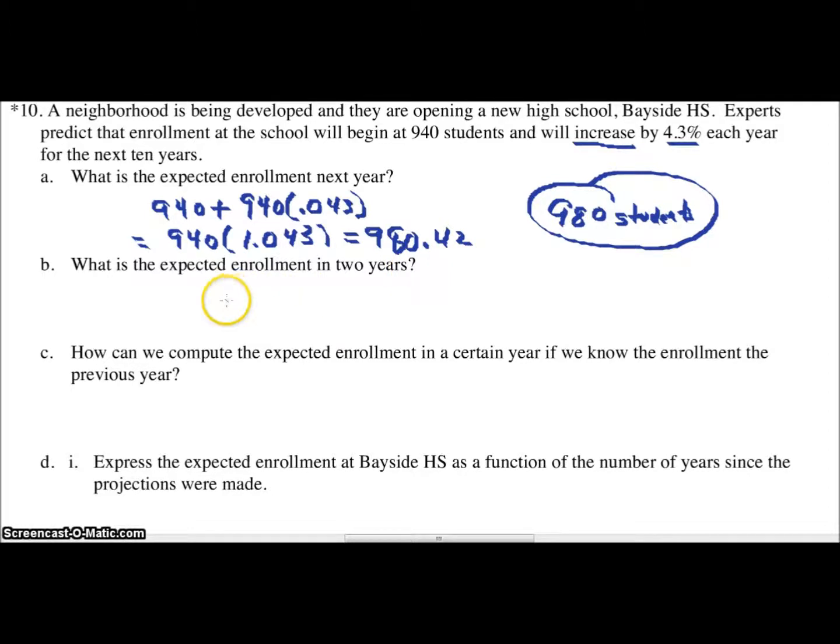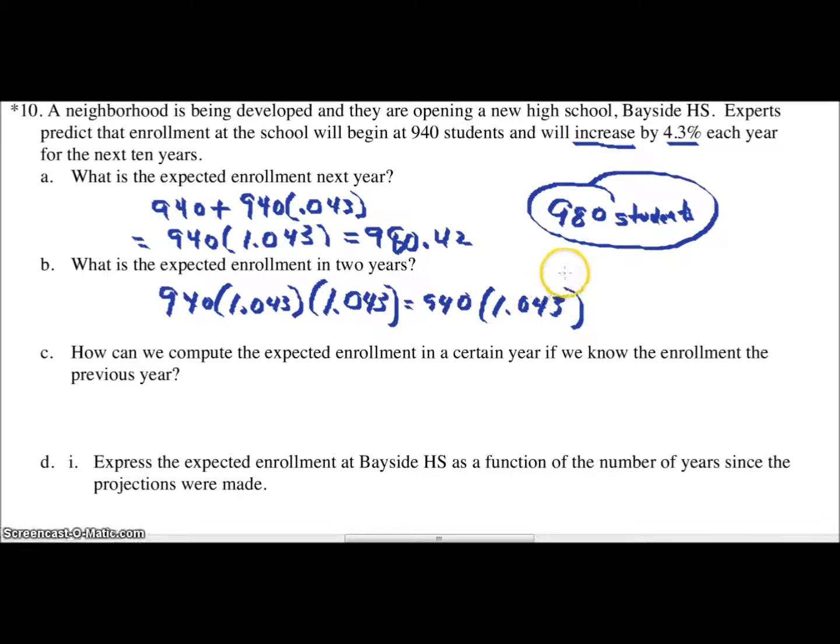Okay, then after 2 years, this is how much it was after 1 year. So then after another year, we just multiply by that same growth factor, 1.043, or 940 times 1.043 squared. This is about 1023.